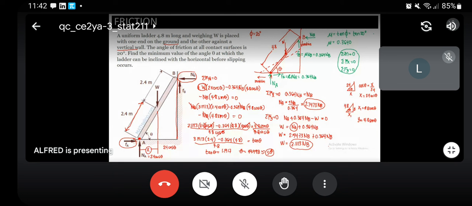Gabi ng Tuesday para sabay-sabay kayo lahat. Lahat ng section ko, 4 yun. Kaya? Okay. Mukhang hindi.